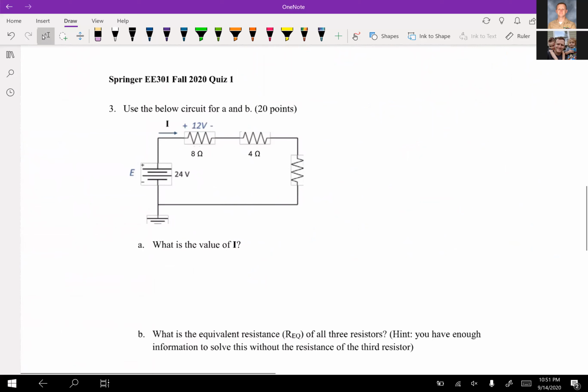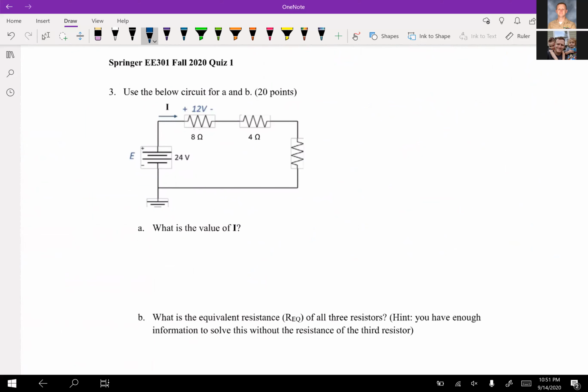All right, next, problem number 3. What is the value of I? Well, this is a series circuit. So what comes out of this voltage source goes through every single resistor in this entire circuit. If I can find the value of I in one resistor, I can find that I total. V equals IR: the voltage across R1 is the current through R1 times R1.